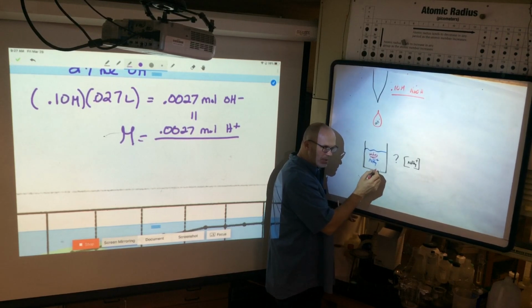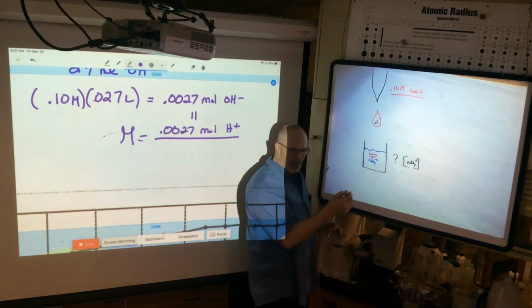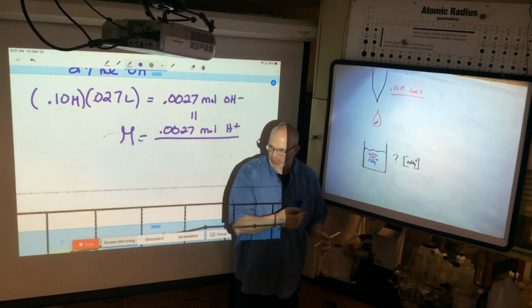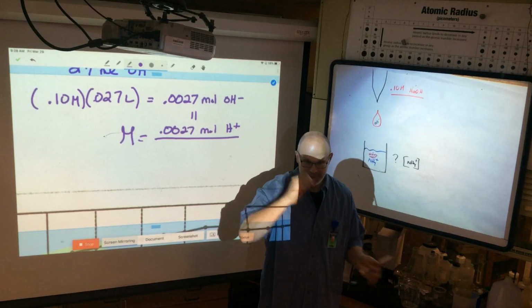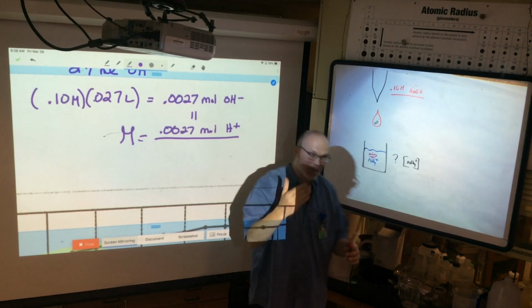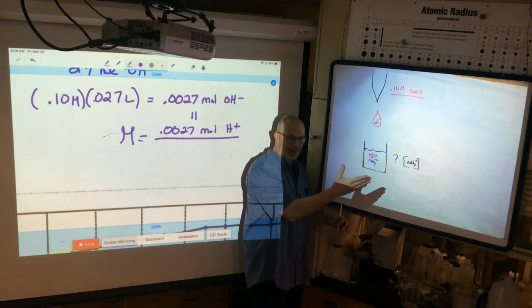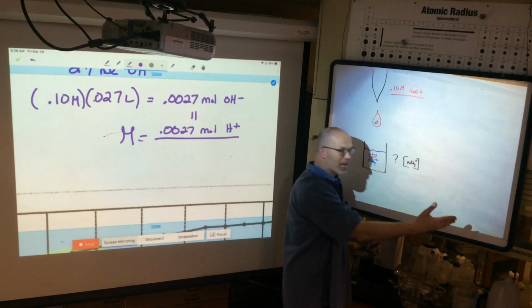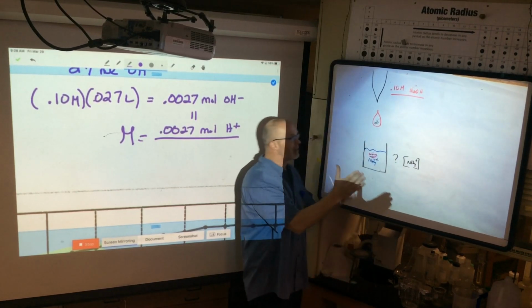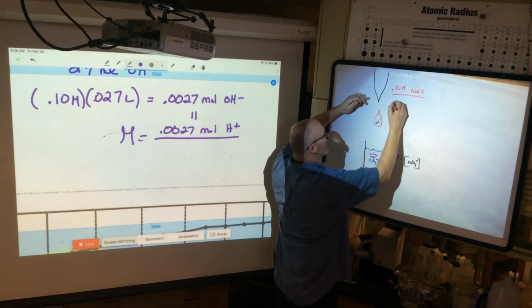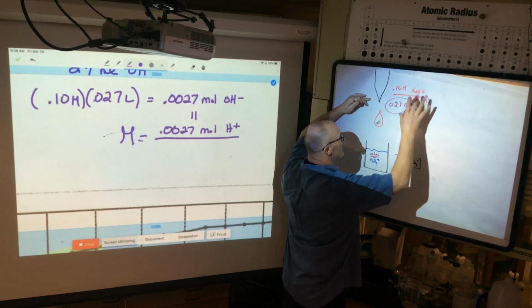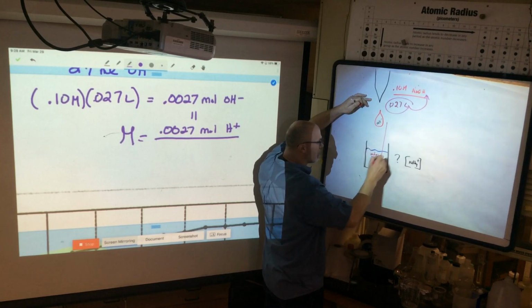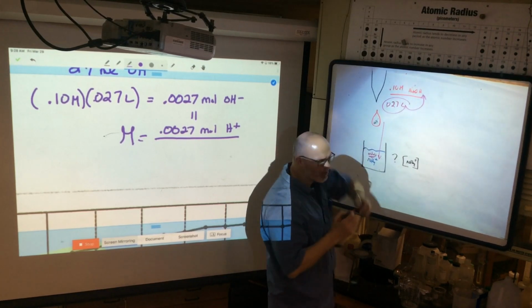I don't want the concentration after I add 27 milliliters of hydroxide; I want to know the concentration of H pluses before I add. Yes, I have to add 27 and read from the graph. What am I doing? I'm figuring out that 0.027 liters of this is equivalent to what's in here before I do anything. So that's the hard part.